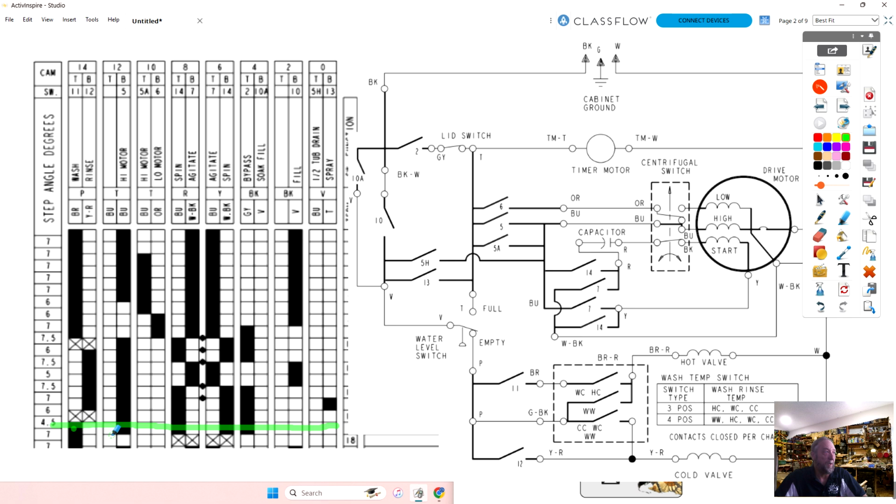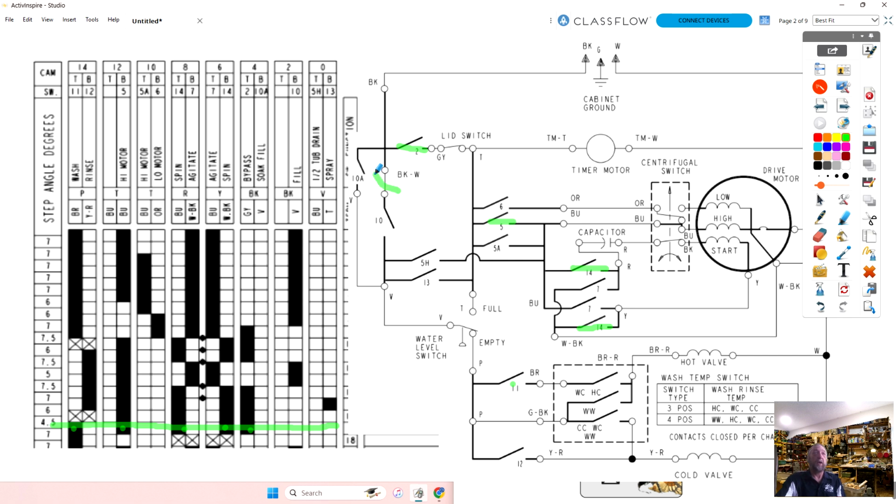I see I have 5 switches closed again: number 11, 5, 14, 14, and 2.